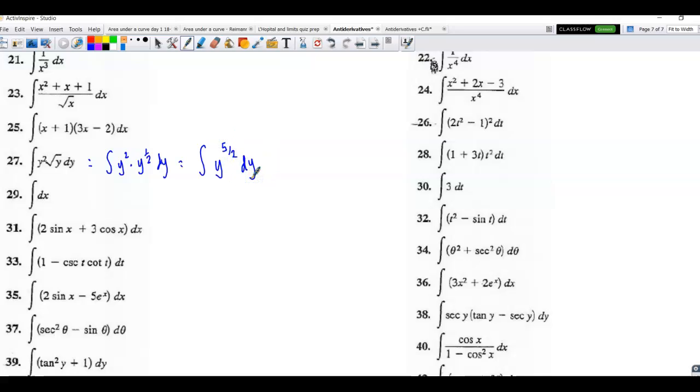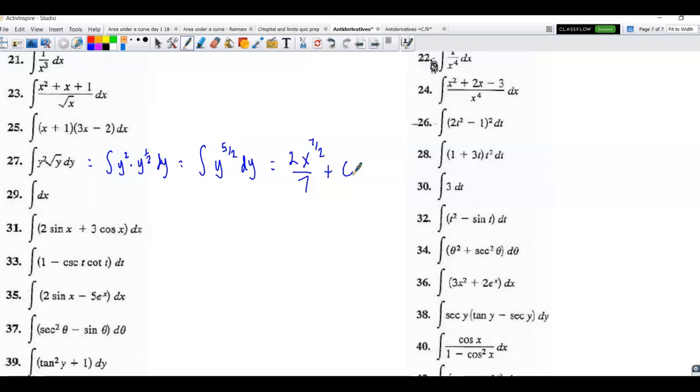So now I have one term, one power, and it's no longer a multiplication. To reverse the power rule, I'm going to increase the power by 1. So that'll give me 5/2 plus 2/2 is 7/2. Divided by 7/2 is to multiply by 2/7 plus c.